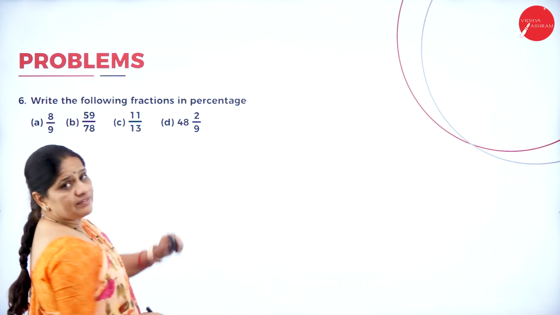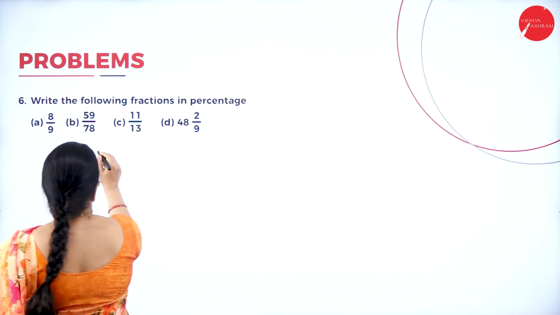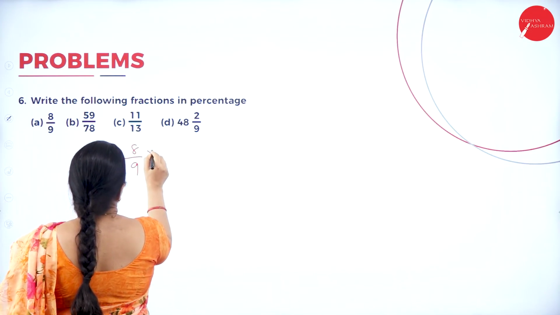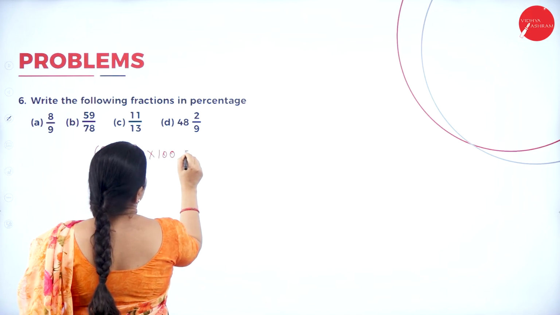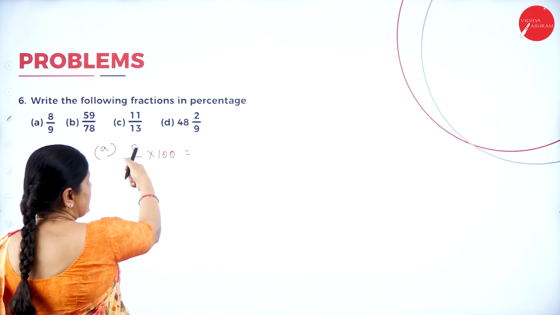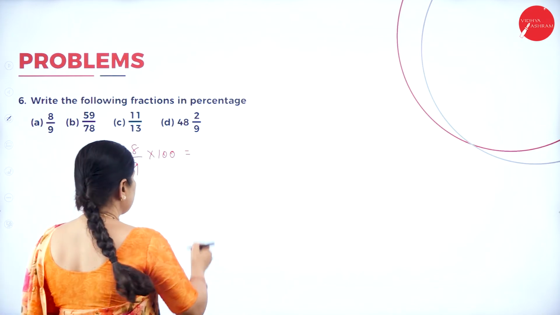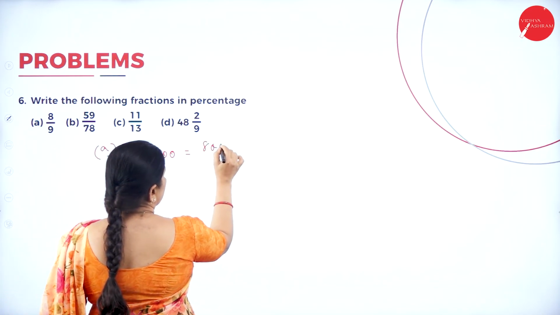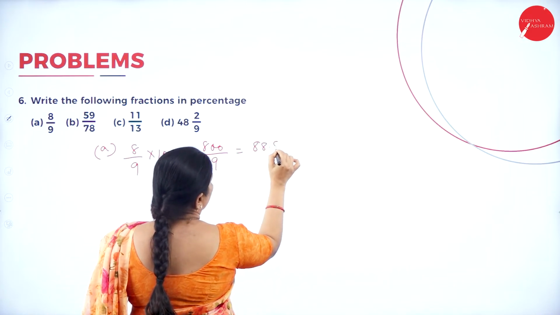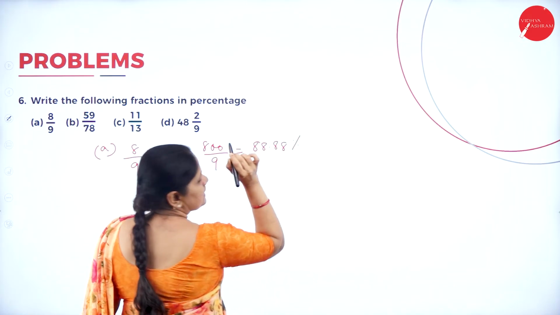Now let us go to the next problem. Write the following fractions in percentages. Now here the first problem is 8 by 9 into 100. Whenever we are asked to write in percentages, we write it as 8 by 9 into 100. So it comes up to 800 by 9, that is 88.88%.